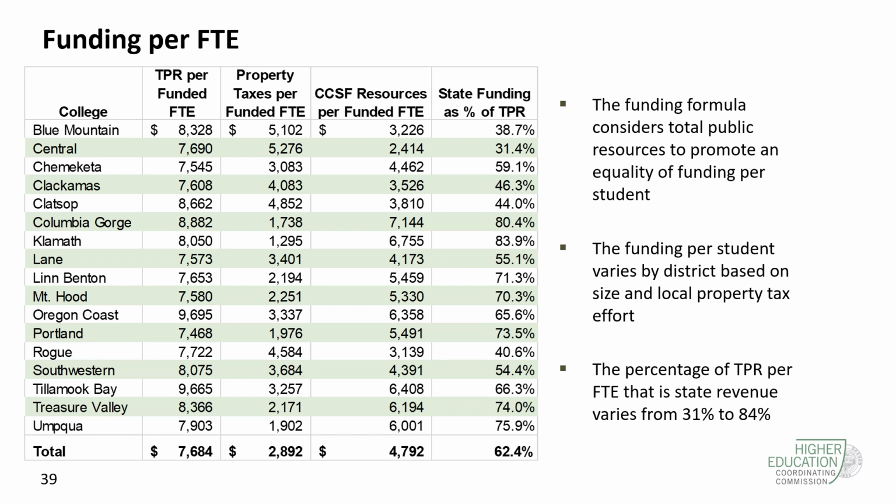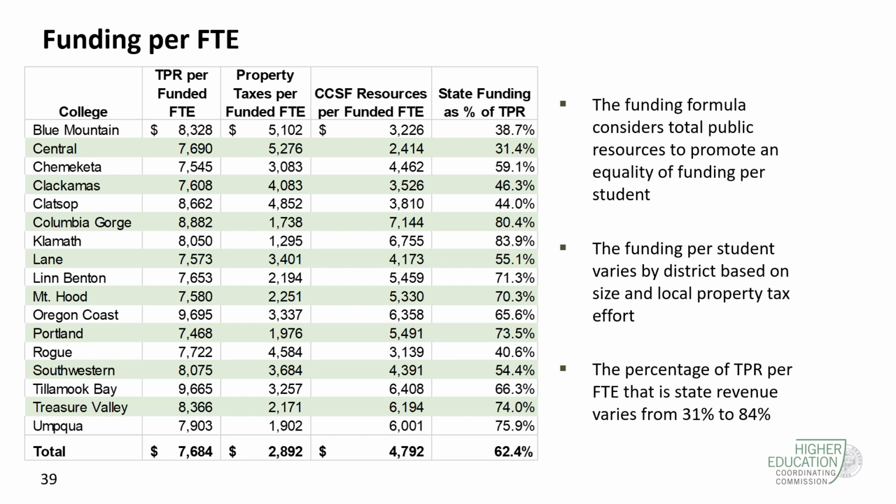So on average, across all 17 colleges, a full 62% on average for each college of their total public resources comes from the state, but that varies widely based on the college.